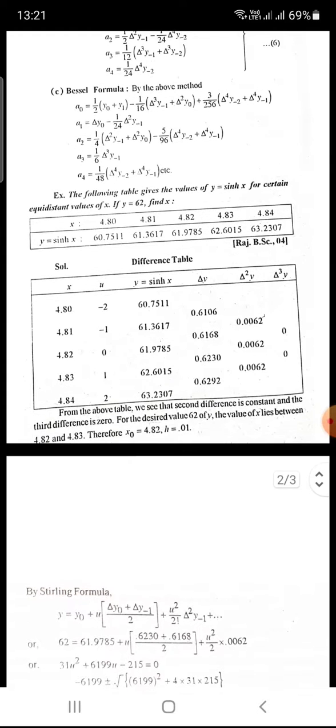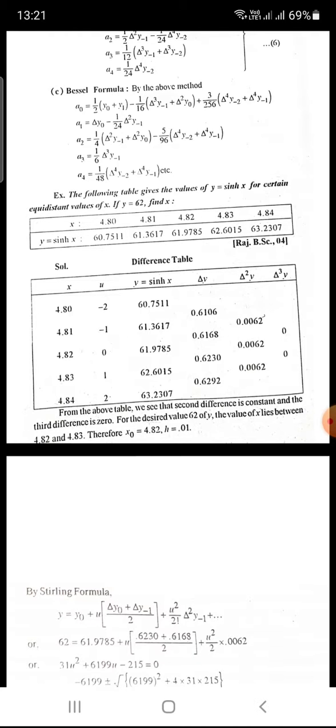So now if you draw a difference table putting the values of x and y, u will be, when x is 4.80, u will be -2, at 4.81 -1, 4.82 0, 4.83 1, and 4.84 2. And hyperbolic sin x, that is y, values are given in the above table.